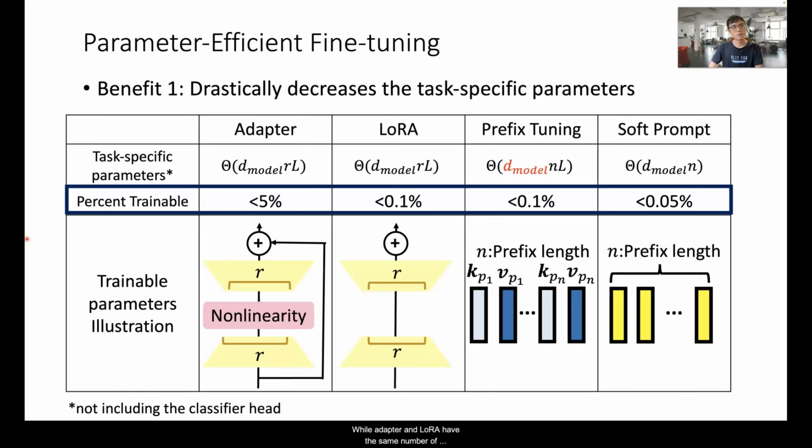While adapter and LoRA have the same number of task-specific parameters in big theta notation, the R of LoRA can be chosen much less than the R of the adapters, making the percentage of trainable parameters less in practical usage. Prompt tuning requires the least parameters since it only prepends prefix at the first layer. However, the pretrained model of prompt tuning needs to be large enough for it to perform well enough.